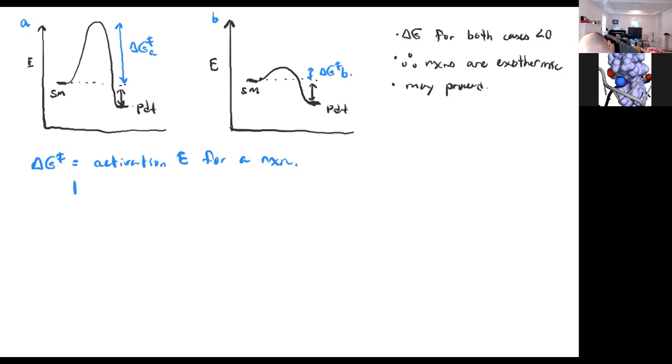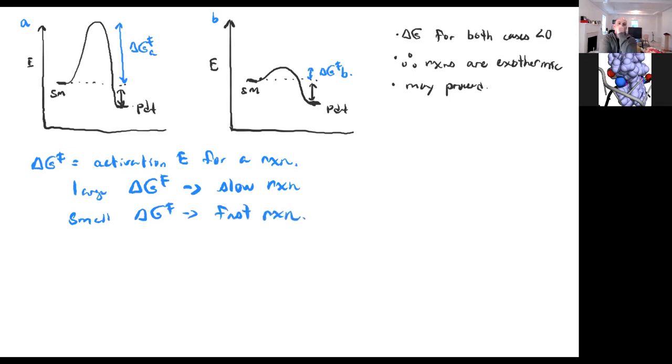So what am I trying to say here? So the delta G double dagger gives us a sense for how quickly a reaction may proceed. Okay.